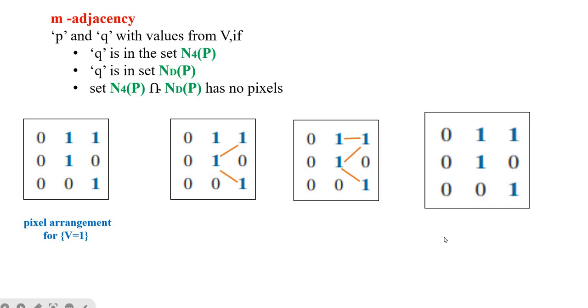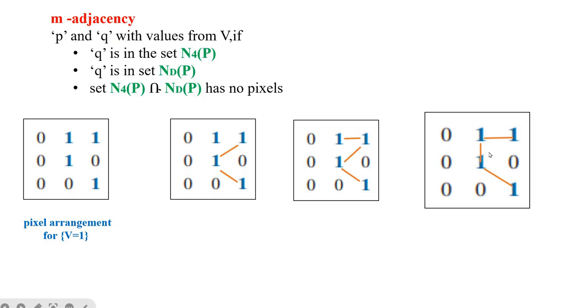Like here, when I want to connect to this, I can connect using 8 adjacency, or I can connect using 4 adjacency also. That is, I can go from this pixel to this pixel to this pixel. This is nothing but the 8 adjacency, so here we cannot make any 4 adjacency. But when we want to go to this pixel, first we need to go from this to this pixel, then from this to this pixel.